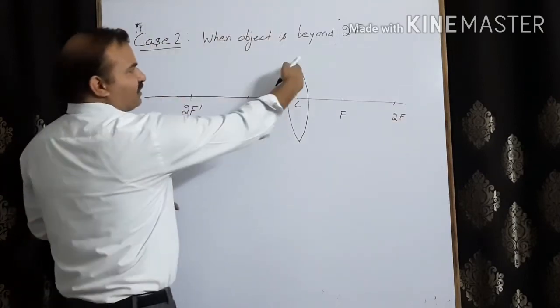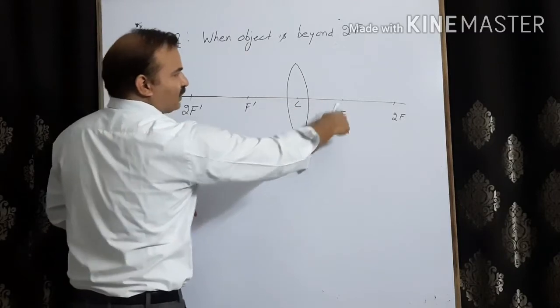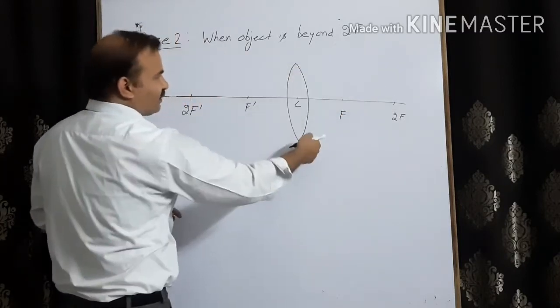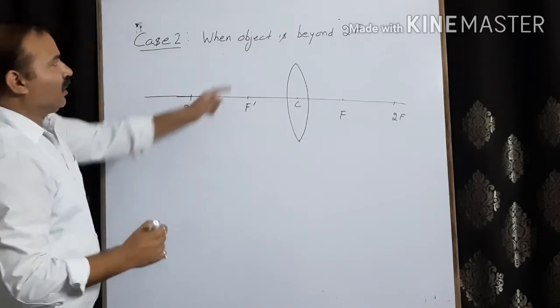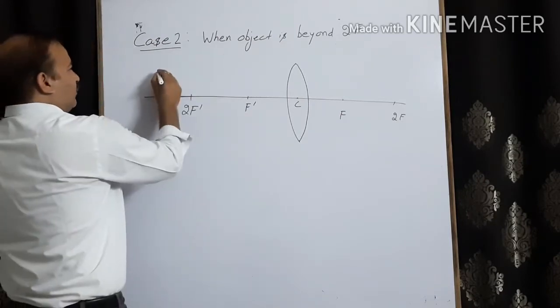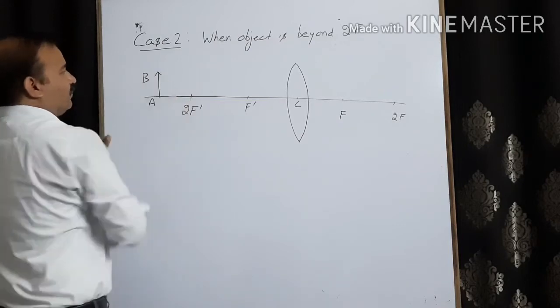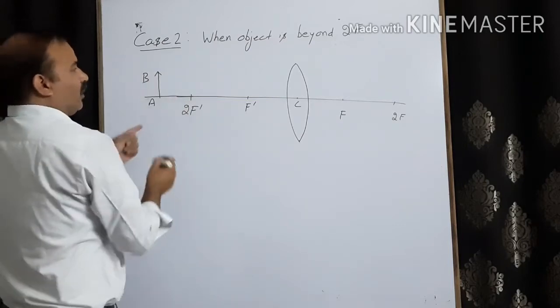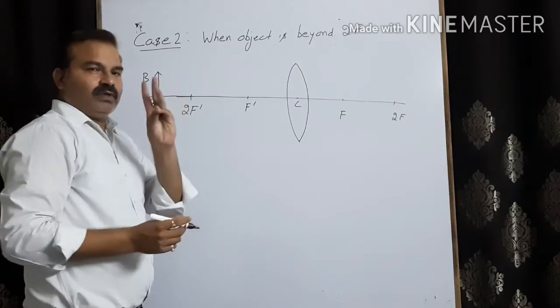See that there are two surfaces. One surface is this; for this surface this is the focus, this is twice the focus. And for the other surface, this is the focus and this is twice the focus. When the object is beyond 2f, let A be the height of the object. Again, of the three principal rays we have studied, we have to take any two.